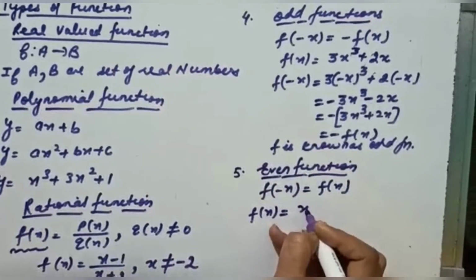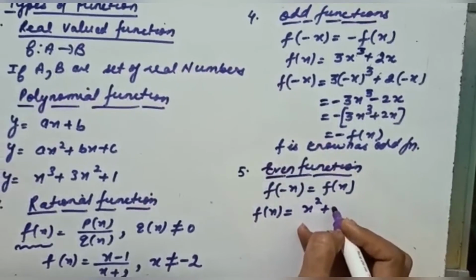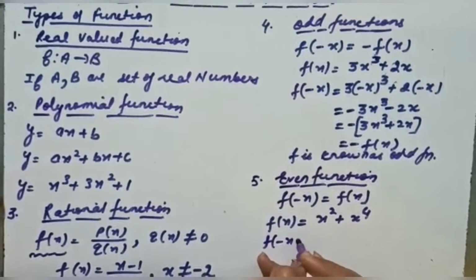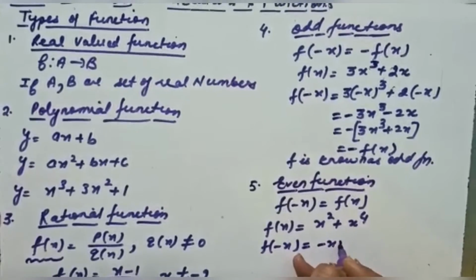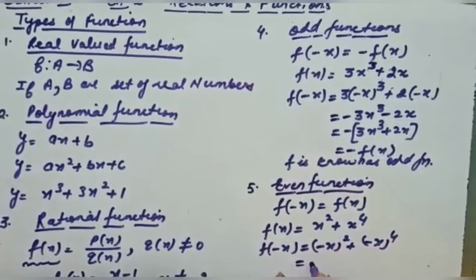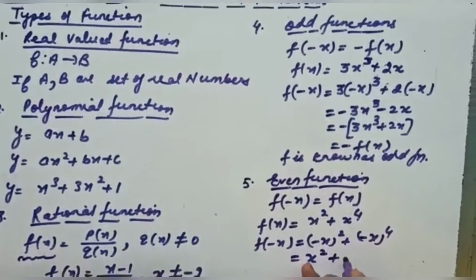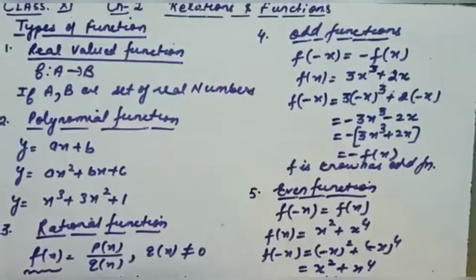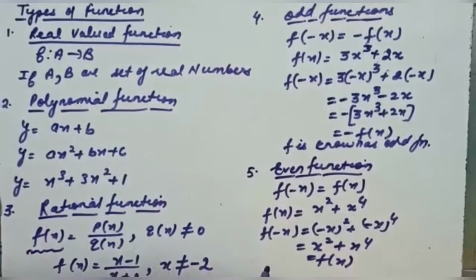For example, x square plus x to the power 4. So if you write f minus x, it will be minus x square plus minus x to the power 4. It will be x square plus x to the power 4. It is fx. So such functions are known as even function.